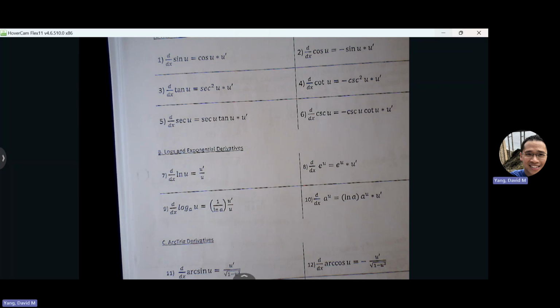Okay, before we look at some of these practice problems, if you can turn to page 32, I would like for us to look through all of these derivative rules that we've learned. And this is the filled in key page.